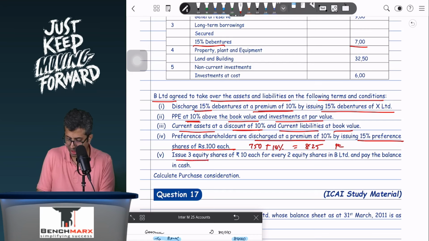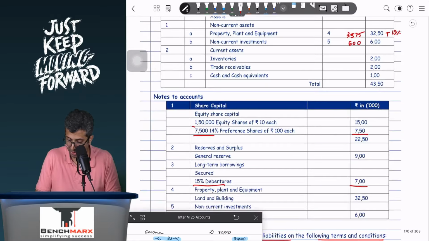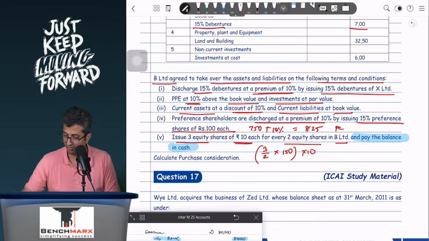Now issue 3 equity shares of rupees 10 each for every 2 equity shares in B, and pay the balance in cash. Now how will the balance come? Well, if I am issuing 3 equity shares of rupees 10 each for 2 equity shares in B, this is 3 by 2 into how many equity shares are there? 1,50,000 equity shares. Everything is in 1000, that is 150, and these are of rupees 10 each. So this will be 150 divided by 2 into 3, and this is into 10. This is 2250.